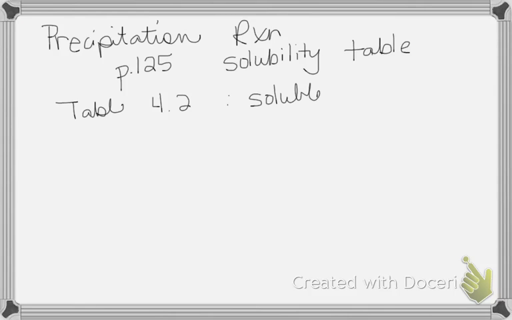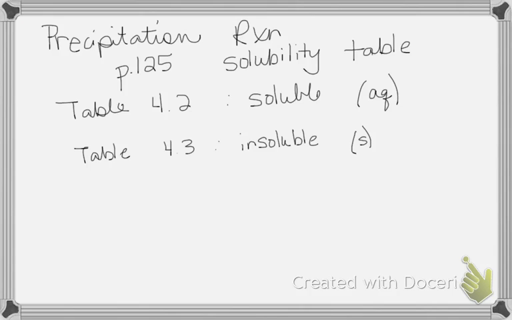Soluble means it dissolves in water. If something is soluble, then we would put AQ on it. Table 4.3 lists compounds that are insoluble in water. And if something is insoluble in water, then we would designate that by putting a little S on it, because that means when I put it in water, it stays as a solid.